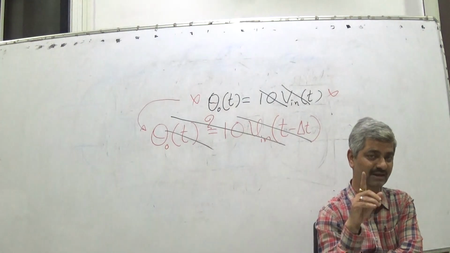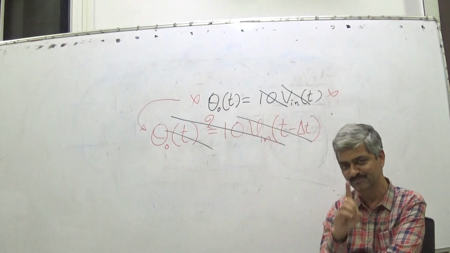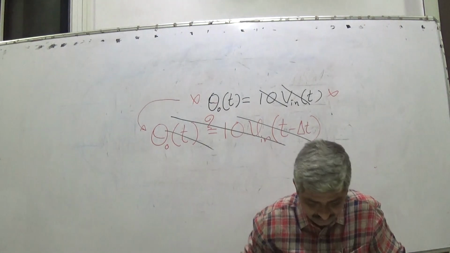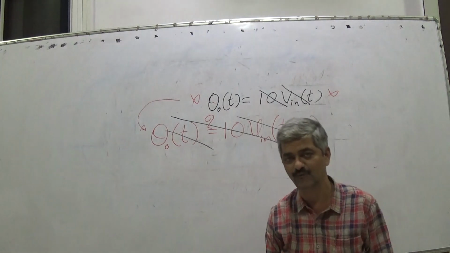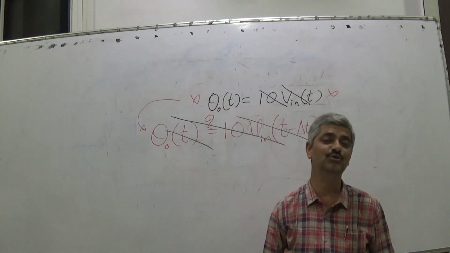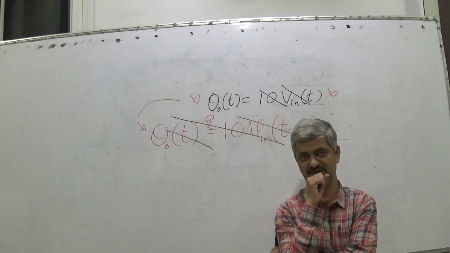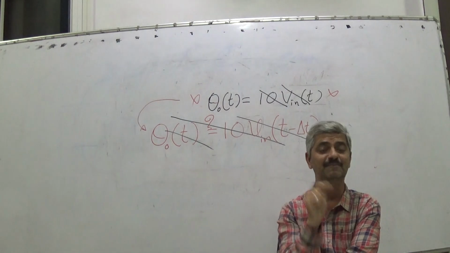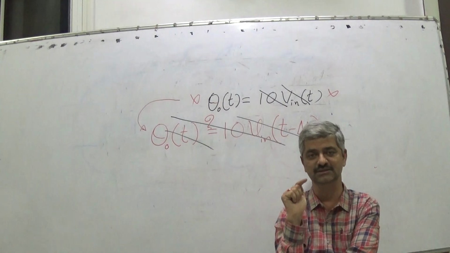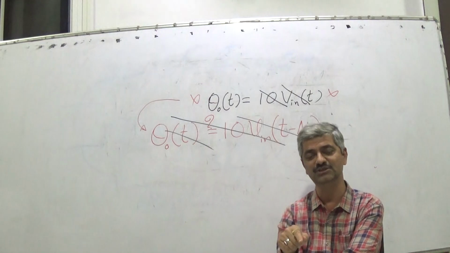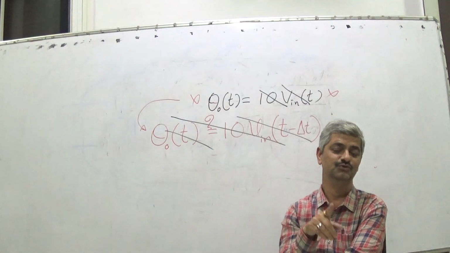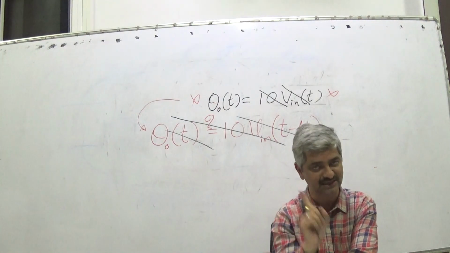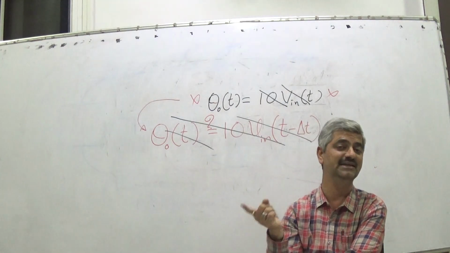So, to be very precise, this is the most important part of this entire subject. The cause for any system, the input signal, is the cause and the output signal is the effect. So that cause-effect relationship can't be instantaneous, it can't be simply delayed.